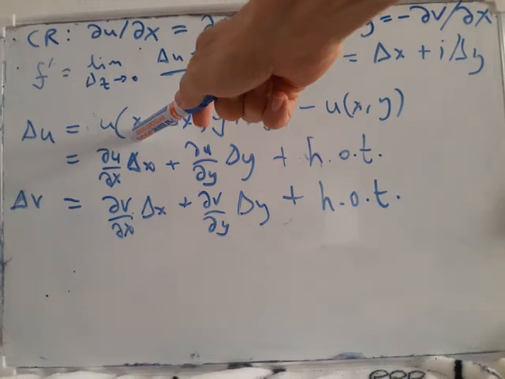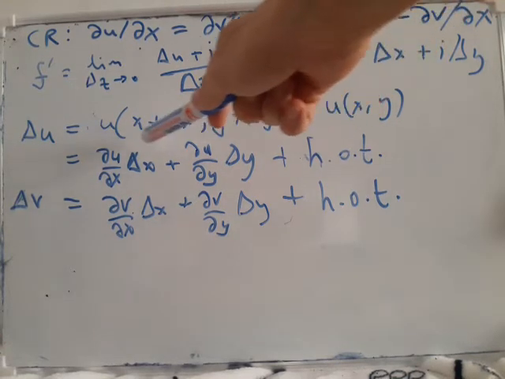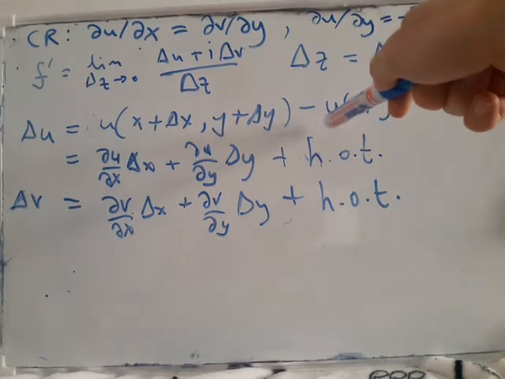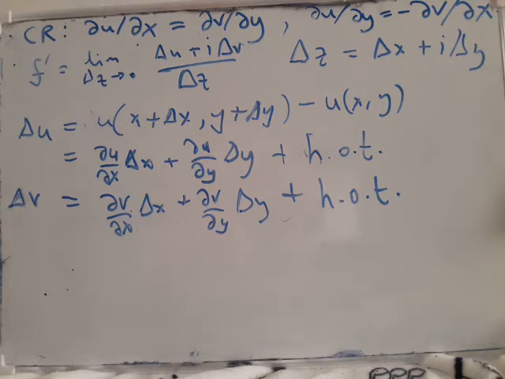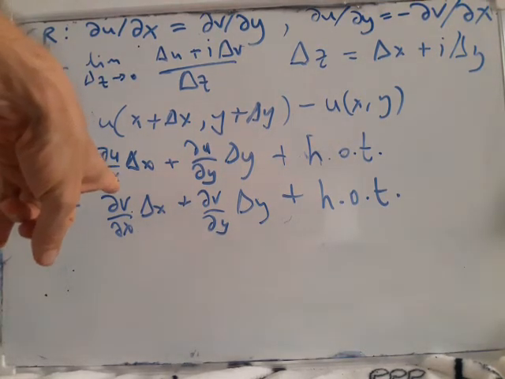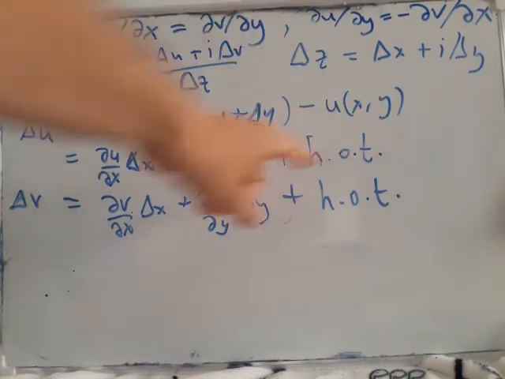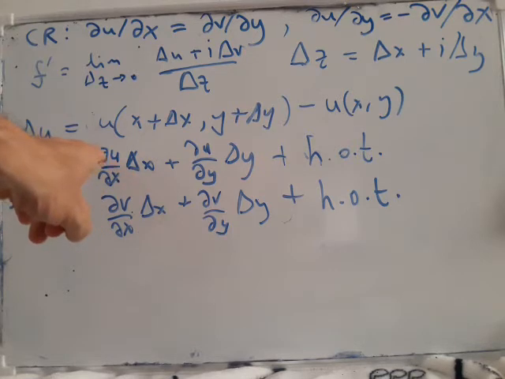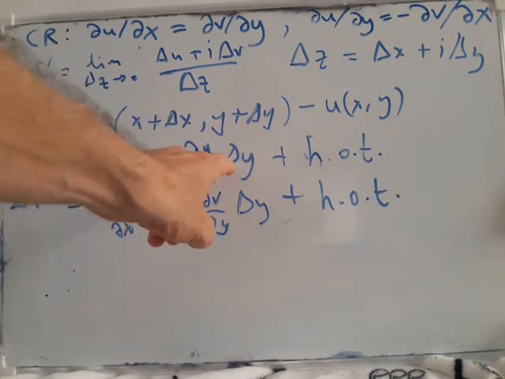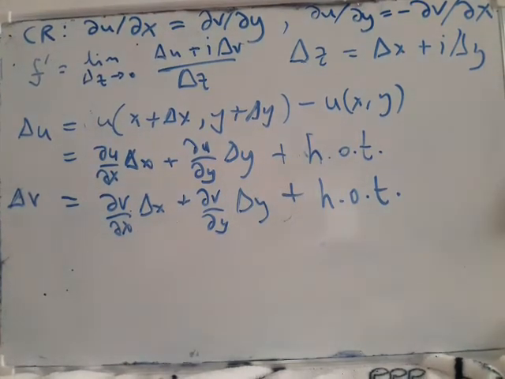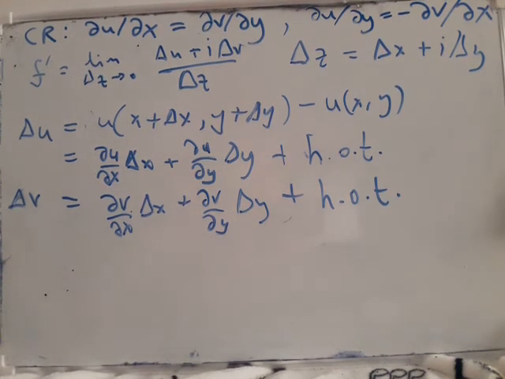Taylor's theorem says that u of x plus delta x, y plus delta y is equal to u of x, y plus the differential of u with respect to x times delta x plus the differential of u with respect to y times delta y plus HOT, higher order terms, so terms involving delta x squared or delta y squared or delta x times delta y. And we can do exactly the same thing for delta v.